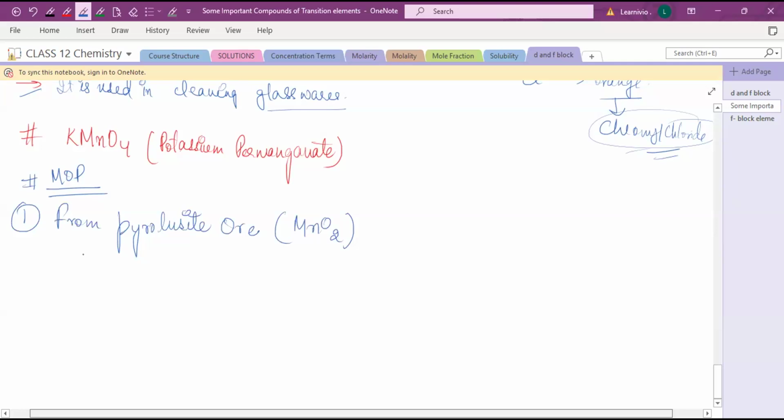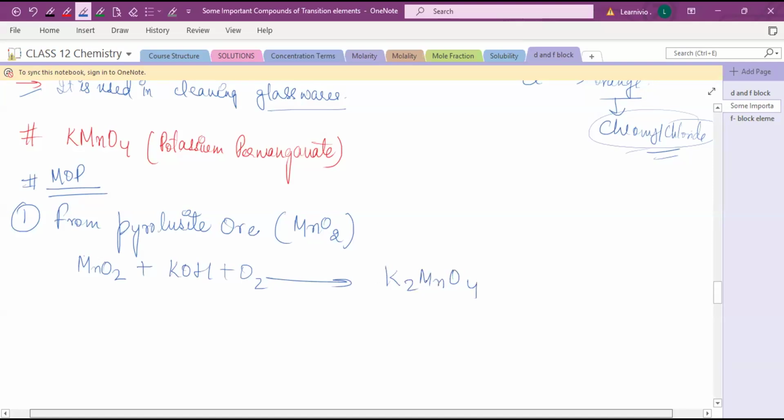So how can you prepare it? What is the reaction? MnO2 in an alkaline medium, so KOH, potassium hydroxide, plus O2. It will give you a green color compound, which is K2MnO4.